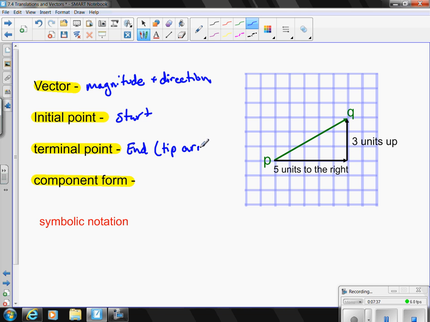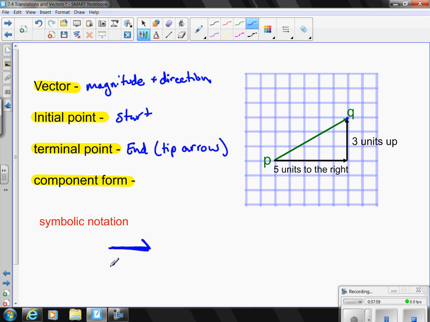This is a little bit different than a ray. A ray would keep going, but this arrow means it's stopping here. It stops, it terminates. It's not a ray, and we're going to use a symbolic notation of this. It's this little almost half arrow that is the vector notation.